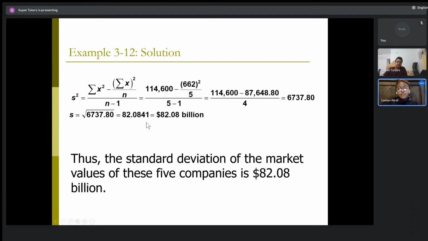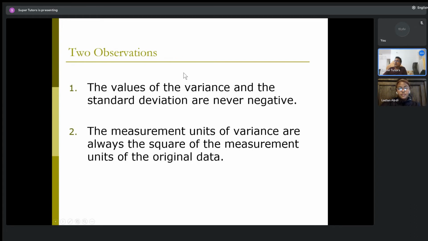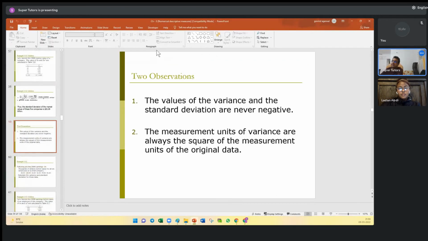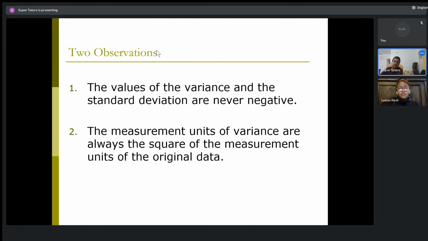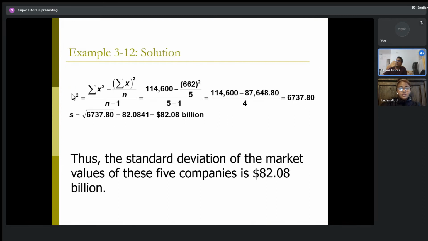Simple. Now, one thing to note here is that both variance and standard deviation can never be negative. And why is that? Because you are squaring something. When you square something, it will always be positive.